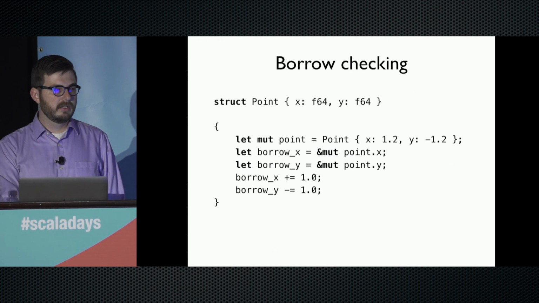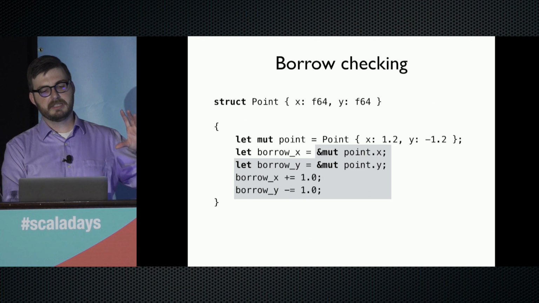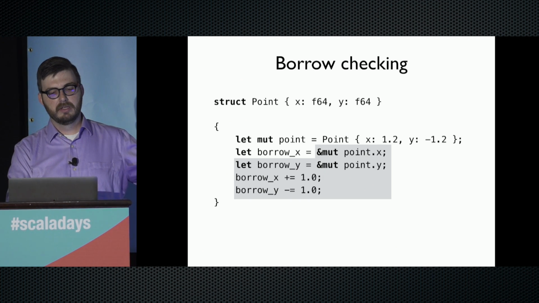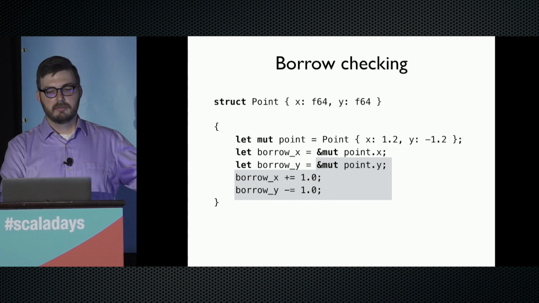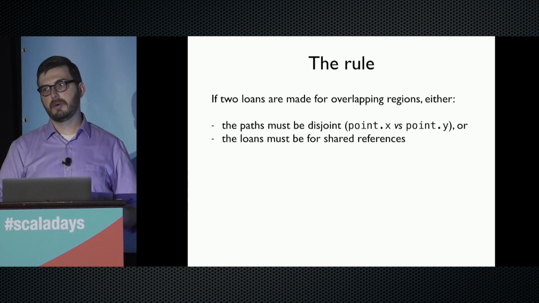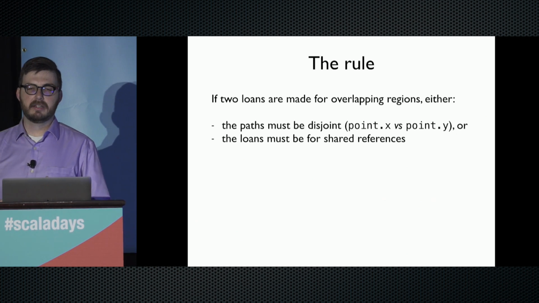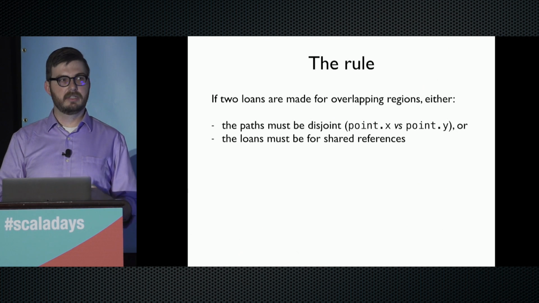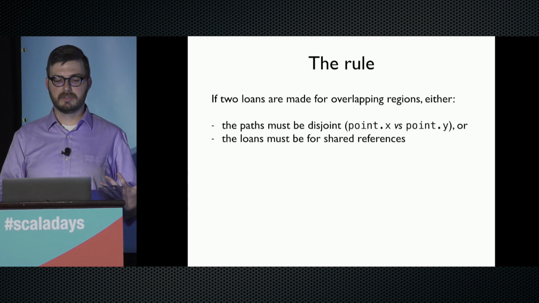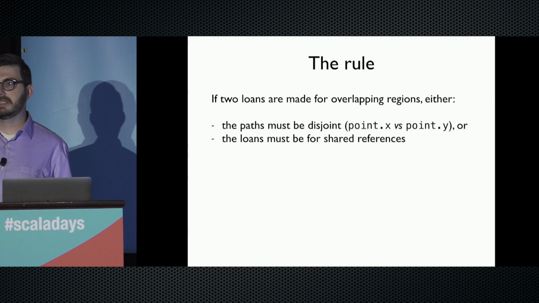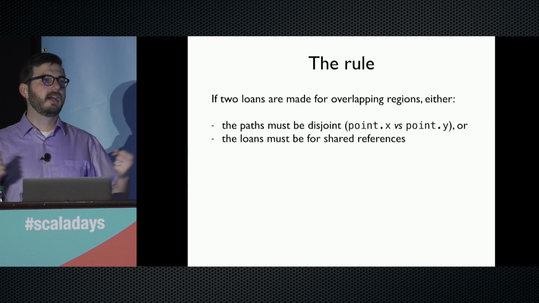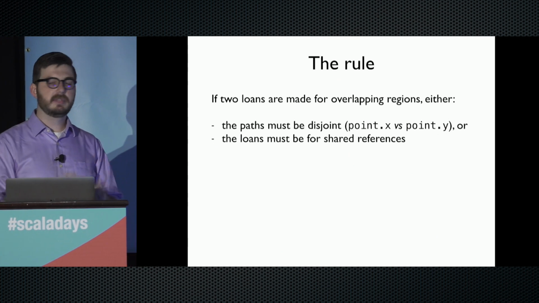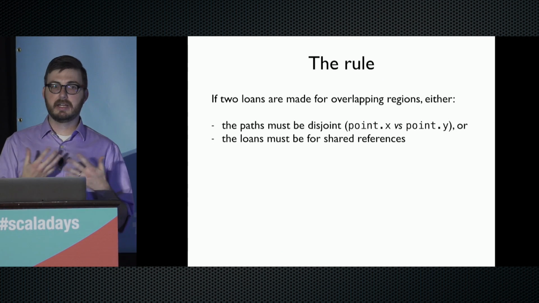So this block basically says the duration of the borrow for X. This block is the duration of the borrow for Y. But this is fine, because what we're saying is if you're trying to make two loans in a region, if you're creating these references, either the things you're loaning out have to be disjoint, talking about different fields, or they have to be shared references and not mutable. That's it. But that actually gets you quite far.